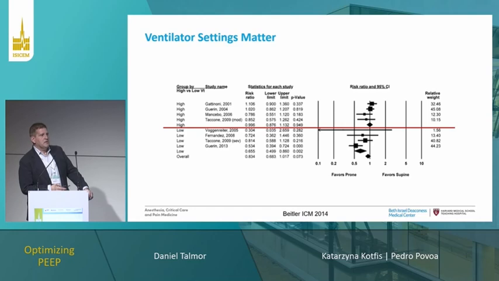So we continued high tidal volume from the supine position into the prone position. It's only when they began to use lower tidal volumes in the prone studies that we began to see the effects. Now, it was low tidal volume in both arms, so it's not that the low tidal volume was the reason that the study was positive. It's just that implementing low tidal volume seems to have somehow improved the benefit of prone positioning.